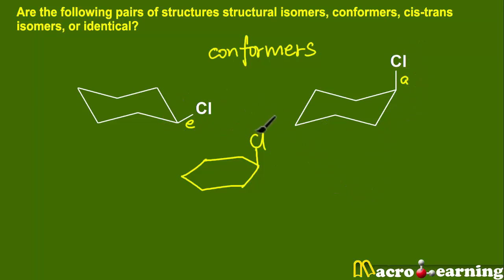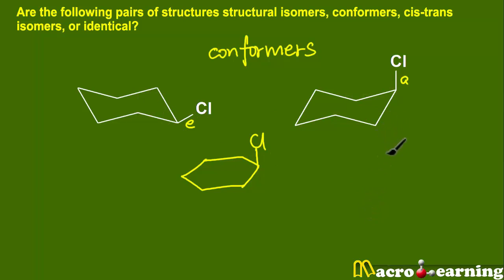And we know that identical structures are supposed to have the same type of bond for the same given substituent. So they're not identical. And they're not structural isomers because they do have the same connectivity. The atoms are connected in the same order in this structure and in this structure too.